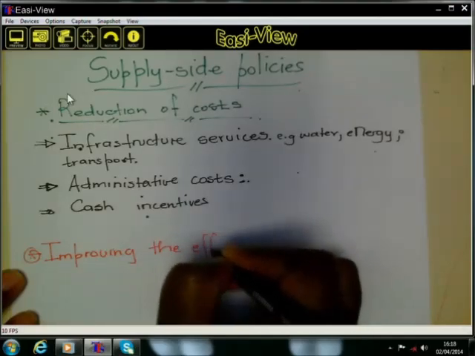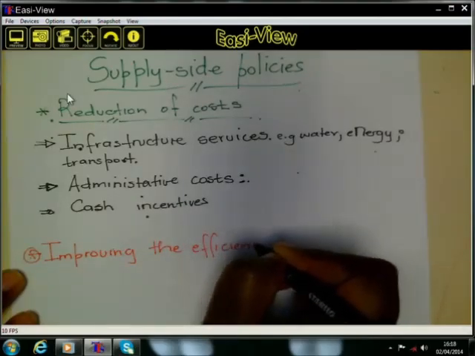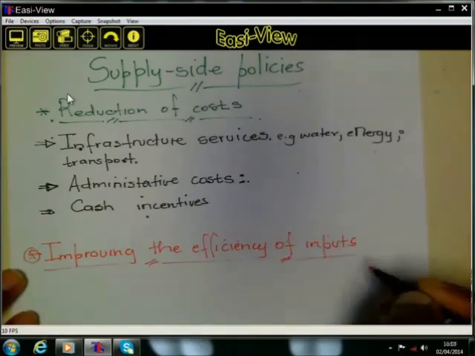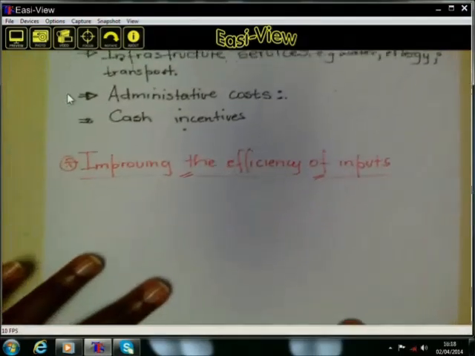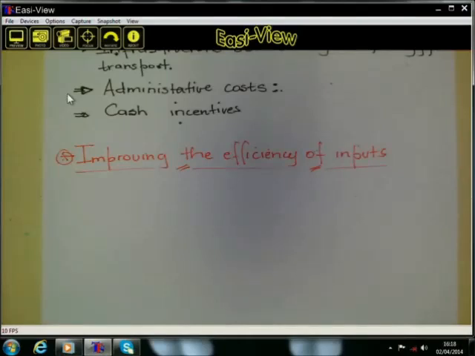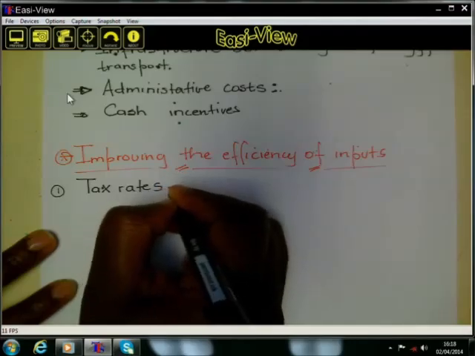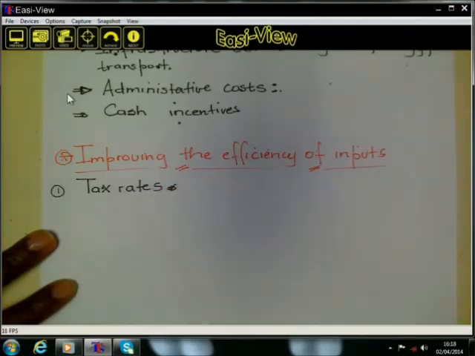Improving the efficiency of inputs. So how do they ensure that they improve the efficiency of inputs? Tax rates. So how is the government going to ensure that they improve the efficiency of inputs?